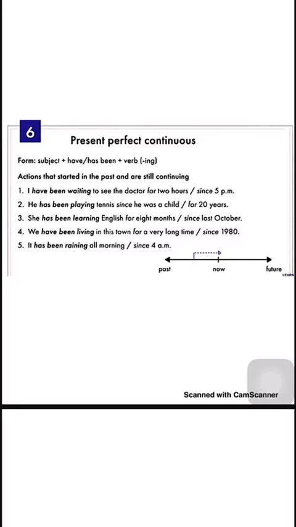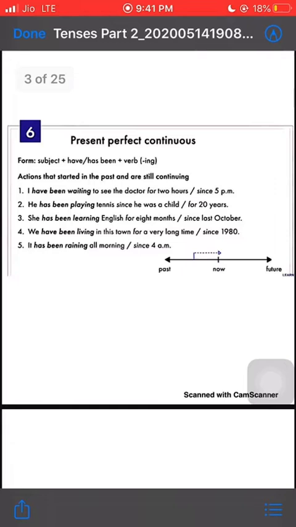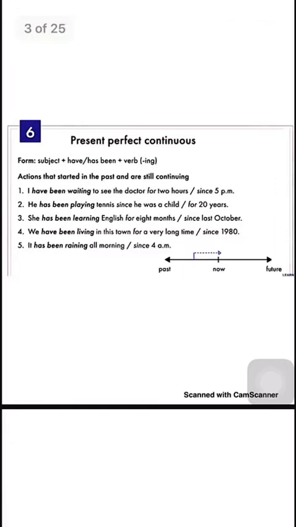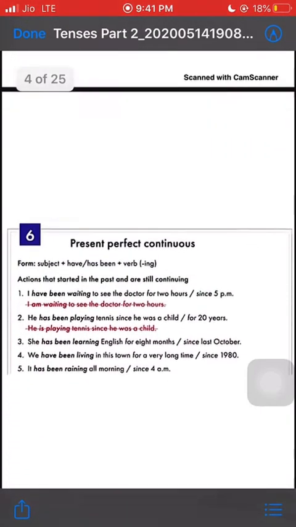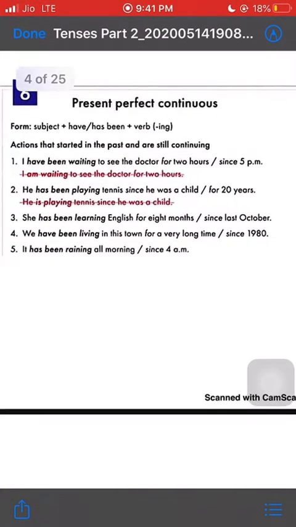Clear? Okay, so I want to alert you to a common mistake. Very important, one thing. Children generally make mistakes like this. If you say, I am waiting to see the doctor for 2 hours, or he is playing tennis since he was a child, those are not correct.